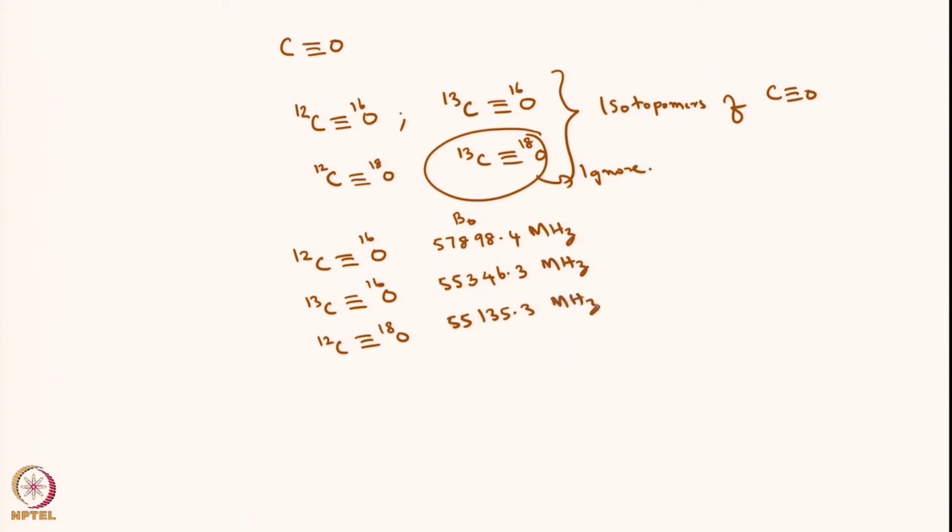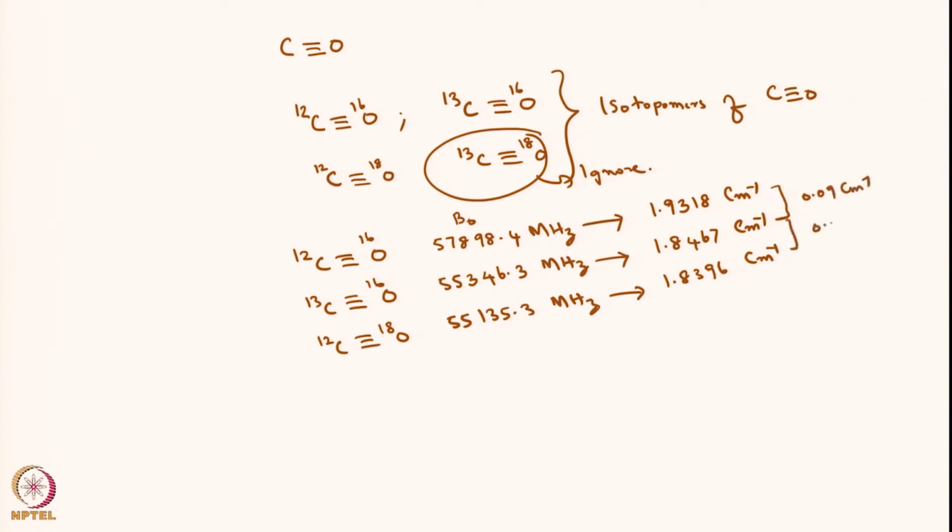Now, I can always convert megahertz or hertz into centimeter inverse. If I convert, this will be 1.9318 centimeter inverse, 1.8467 centimeter inverse, and 1.8396 centimeter inverse. Now, if you look at the difference, this is less than 0.09 centimeter inverse, and this is less than 0.01 centimeter inverse.